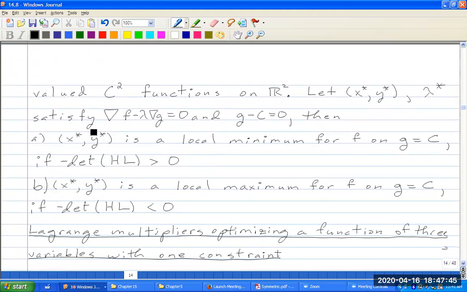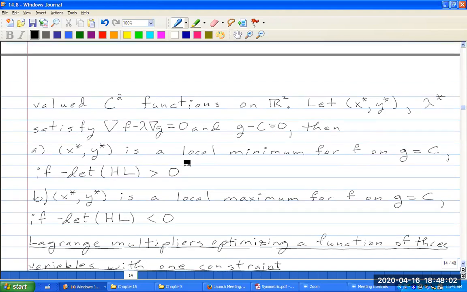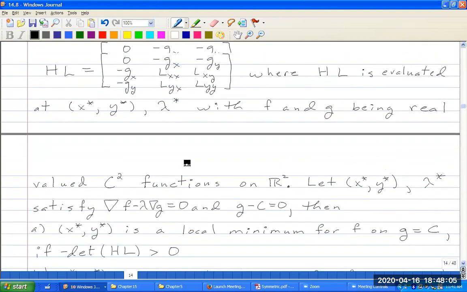X star, Y star is a local minimum for F on G equaling C if minus the determinant of HL is greater than 0. That corresponds to what I wrote above. So that's why it has that weird sort of minus in front.